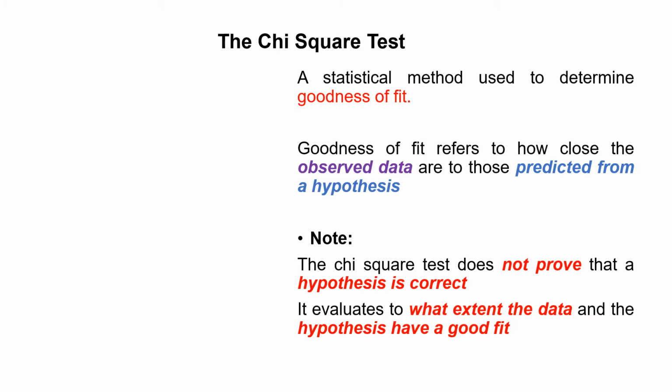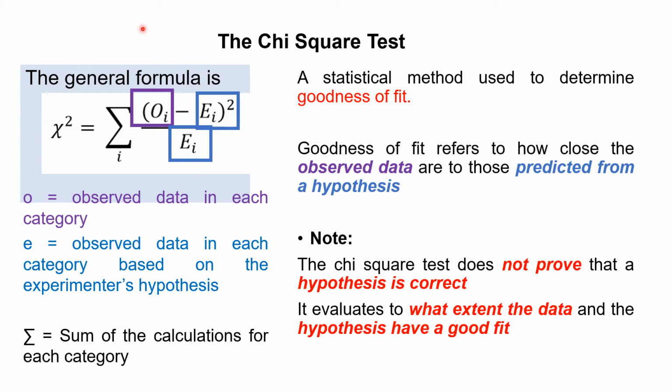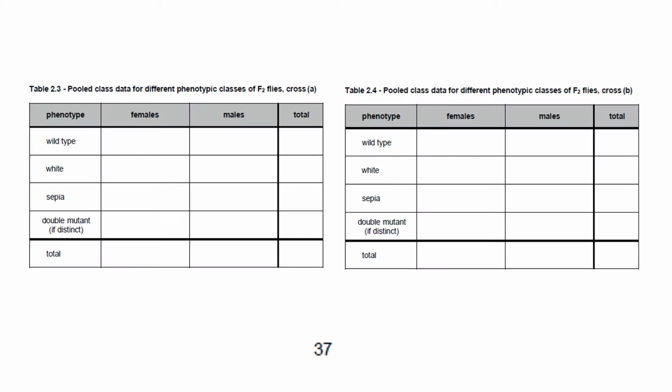To answer question number two, you need to know the chi-square very well. You need to know how to use this formula, and if you have any doubt, remember there's a video lecture, and the textbook talks in detail about this. So please review these topics so you can answer this question properly.